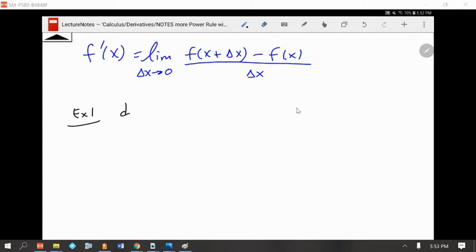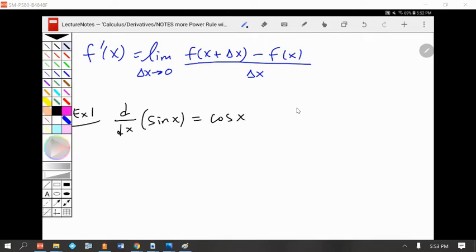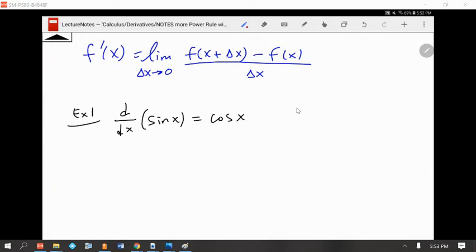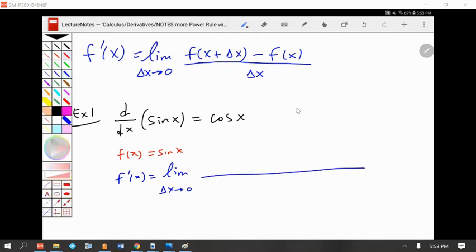So the derivative with respect to x of the sine x function is cosine x. How do you know that? You know that because if your function is sine x, what is f prime of x? F prime of x is the limit as delta x approaches 0 of f of x plus delta x.